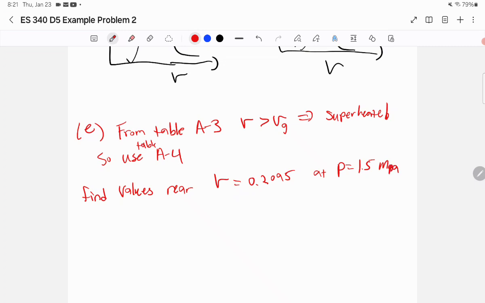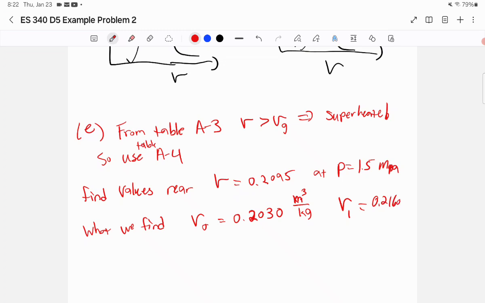Okay, so we're going to look for that, and what we find is V, I'm going to call it V naught, is equal to 0.2030, which is obviously smaller than that value, meters cubed per kilogram, and V1 is equal to, so the one that's just above that is 0.2160 meters cubed per kilogram, and the corresponding value H naught is going to be equal to 3255.8, and H1 is going to be equal to 3342.5. These are kilojoules per kilogram.